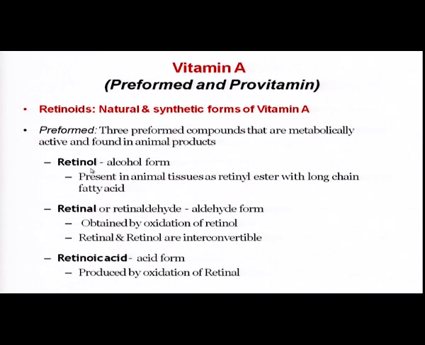So, you could refresh yourself on the basic chemistry of alcohols. You look at the OH group being oxidized, you end up with the aldehyde, and when this is oxidized further, you end up with retinoic acid.